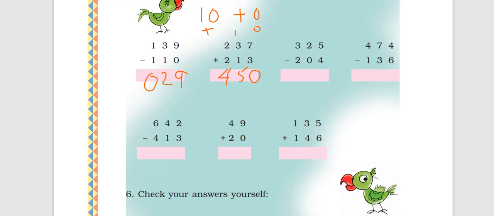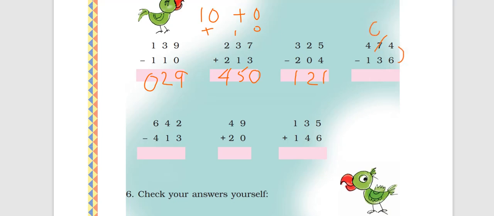325 minus 204. 5 minus 4 gives me 1. 2 minus 0 gives me 2 tens. 3 minus 2 is 1 hundred. Next one, 474 minus 136. We cannot subtract 6 from 4. So let's regroup.